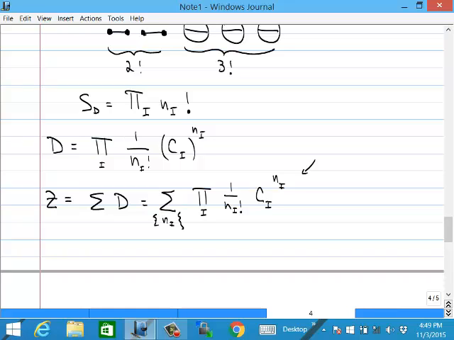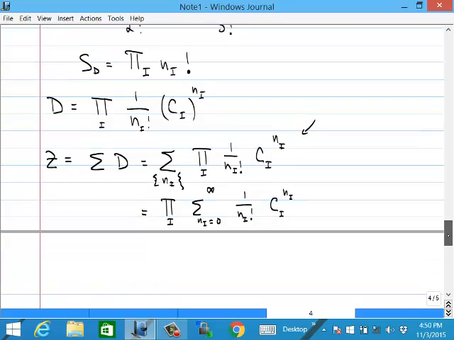So if you just stare at that sum for a second, what we have is a sum over all possible collections of integers Ni times the product over those integers I. And if you think about it for a second, what is this? This is just the product over all connected diagrams times the sum of Ni going from 0 to infinity of 1 over Ni factorial Ci to the Ni. What's that?